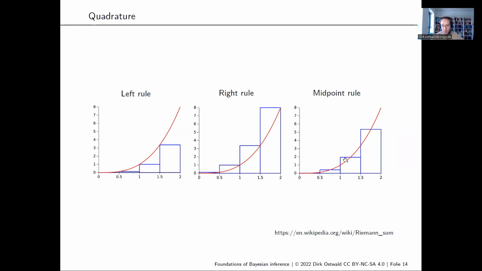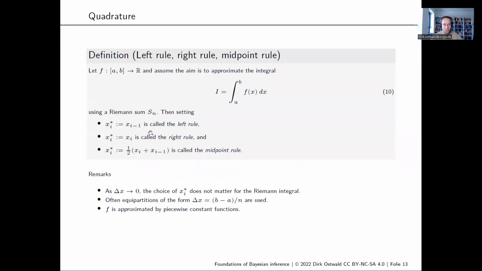Of course, there are more options. You can essentially evaluate anywhere there. This is why there are different rules: left rule, right rule, and midpoint rule.